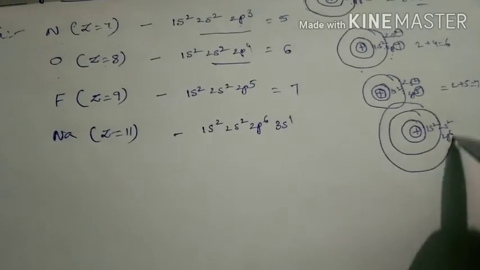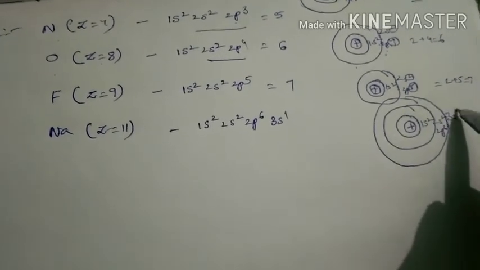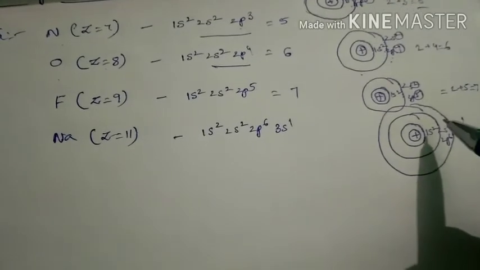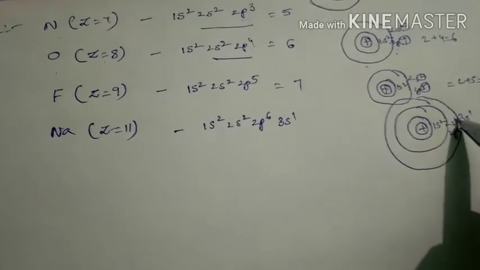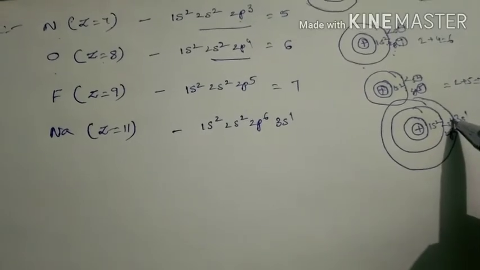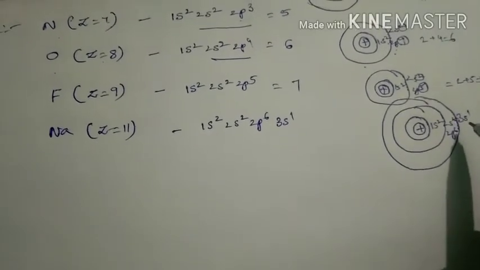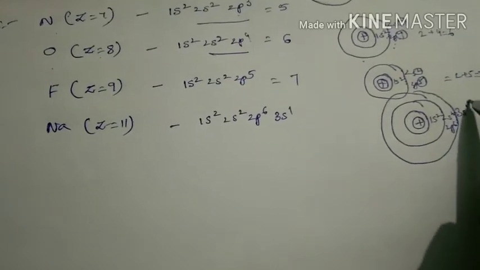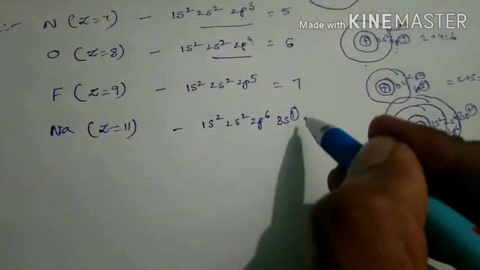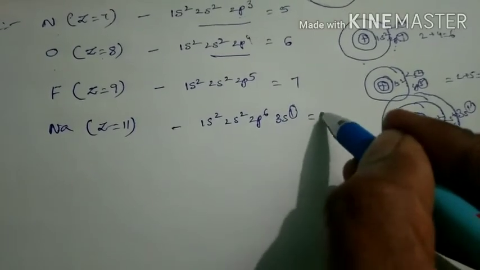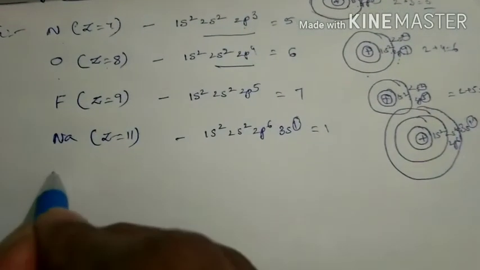This is the third orbit, 3s1. Now sodium has 3 shells: 1, 2, 3. The third shell is considered the outermost orbit, nothing but the valence shell. Now the valence shell contains how many electrons? 1 electron. That's all.